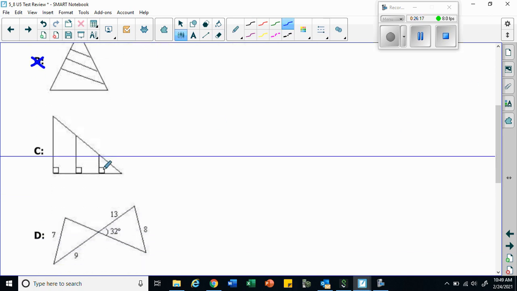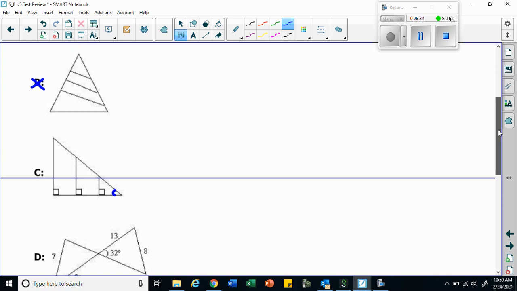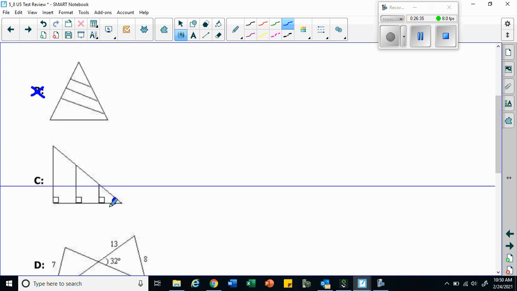Now let's look at this one. These are 3 triangles in one, but there's something that each one of these triangles have. First of all, it looks like they all share this angle right here.